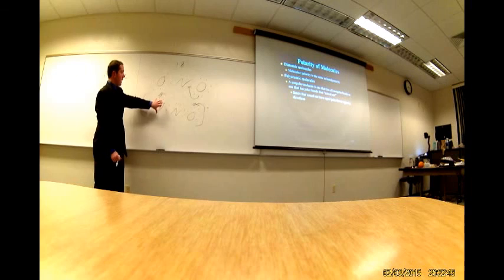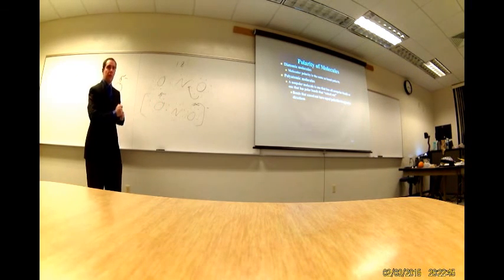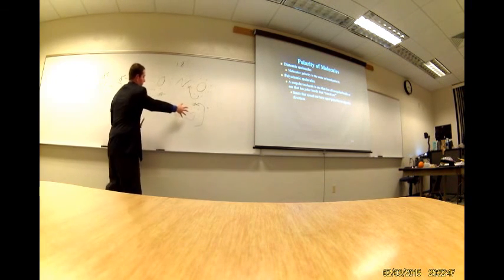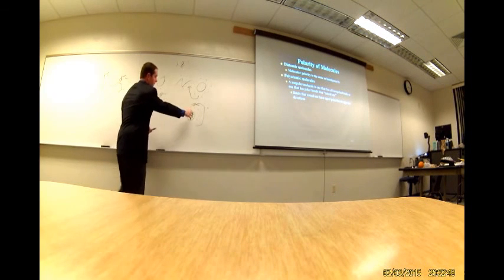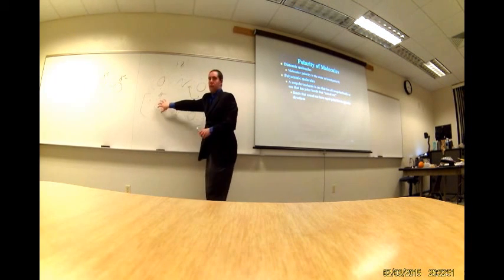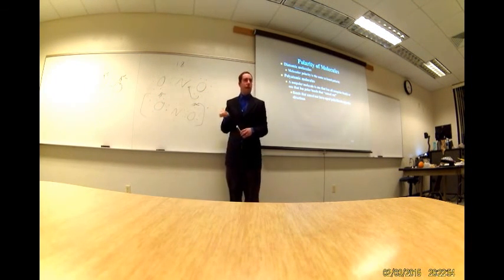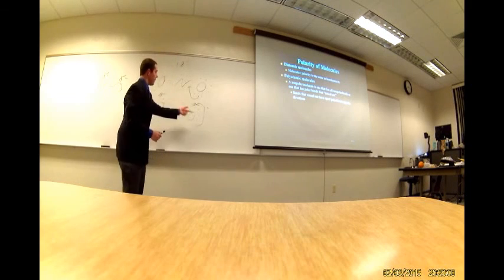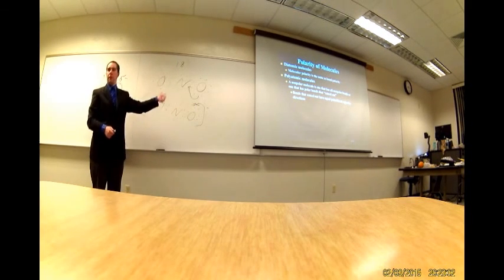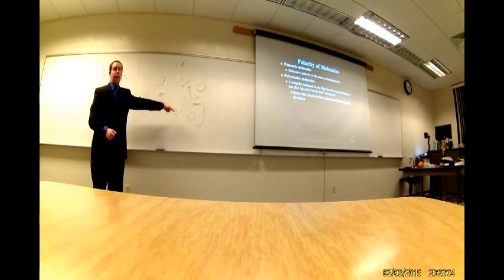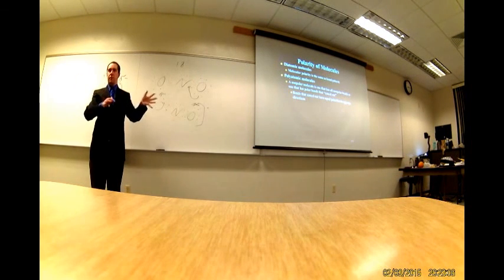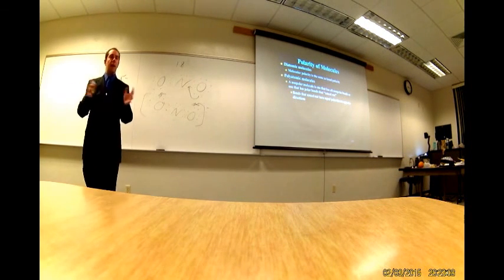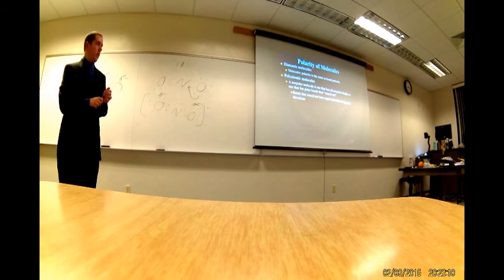So this oxygen wants to pull the electrons in this direction. This oxygen wants to pull these electrons the other way, and in the end, nothing happens. It's like a tug of war where both ends are pulling with the same strength. What's in the middle, the electrons, don't go anywhere. So your whole molecule doesn't have a polarity to it.